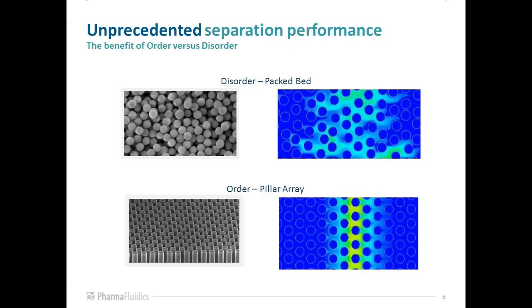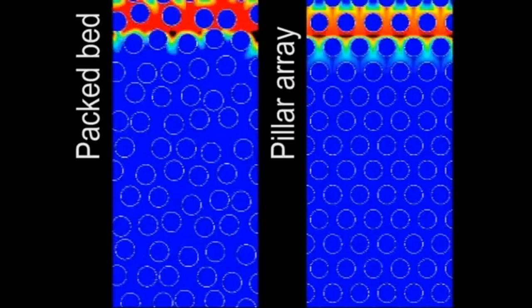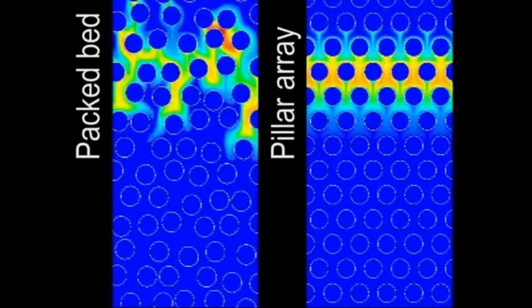The benefit of order versus disorder is clearly illustrated in the animated computer simulations on the right that have been generated in Professor Desmet's group, and that formed the basis for the current µPAC columns. In the disordered case, the sample plug is gradually dispersed as it migrates through the stationary phase, resulting in significant peak broadening of the sample plug.